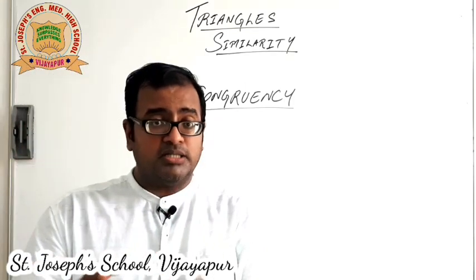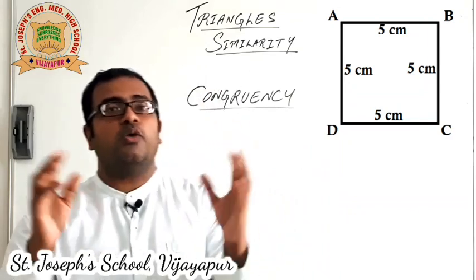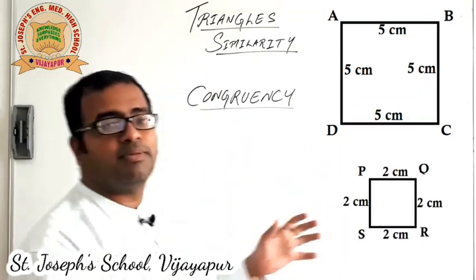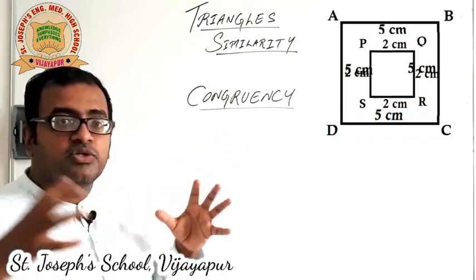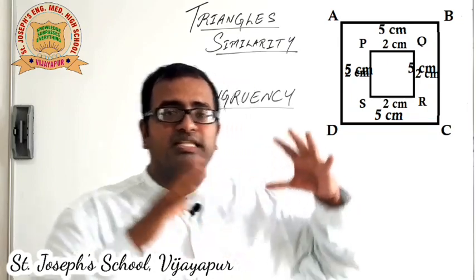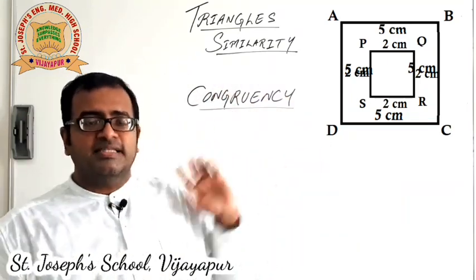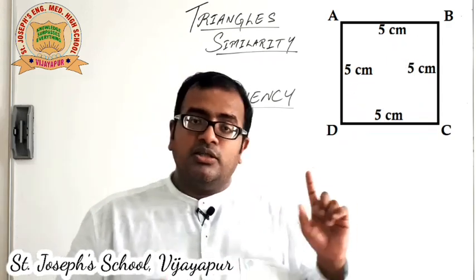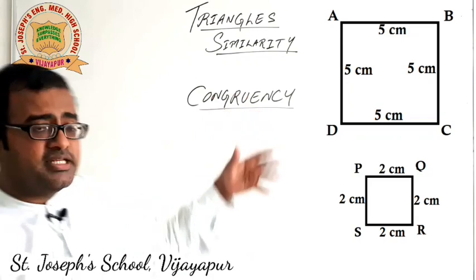But let us talk about a square of 5 centimeter edge and a square of 2 centimeter edge. Now what happens? Now one goes inside the other. They do not fit perfectly into each other. One goes inside the other, one is outside, the bigger one, and the other one is smaller inside, right? Here the corner angles of course are the same. What are the corner angles? They are all 90 degrees.